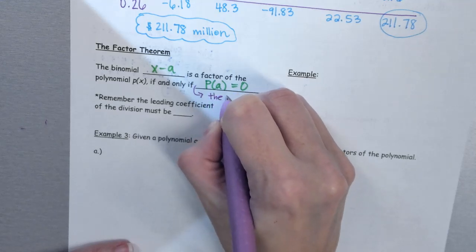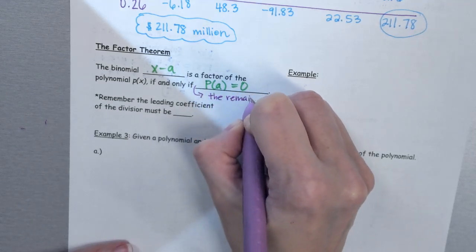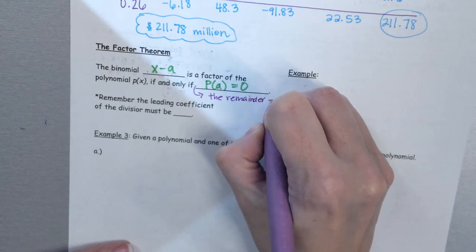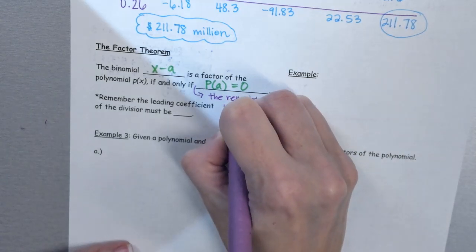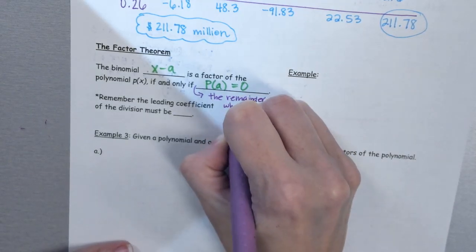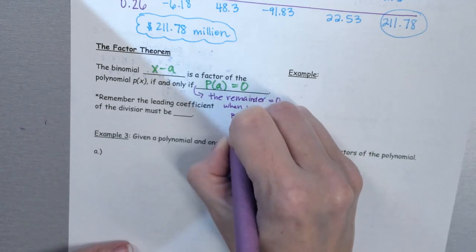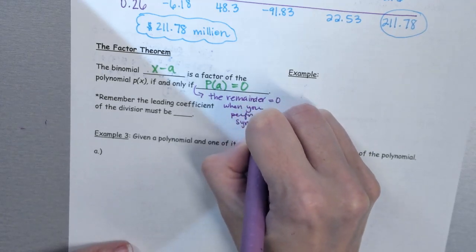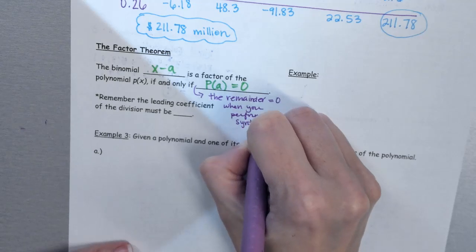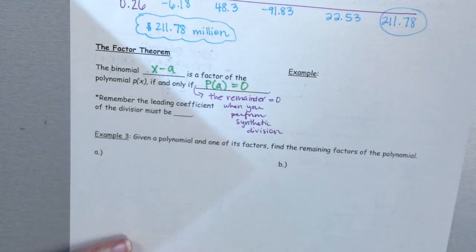Okay, so this is the remainder equals 0 when you perform synthetic division. Okay, that means that this factor goes into your polynomial evenly. There's no remainder. The remainder is 0.